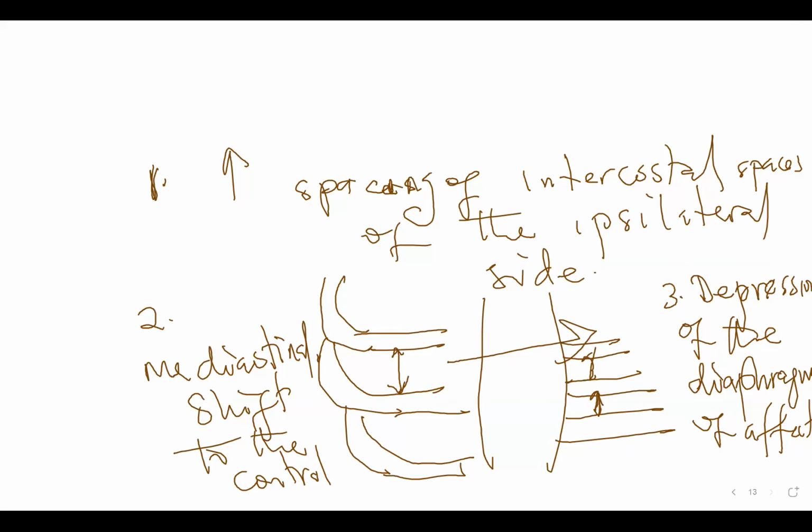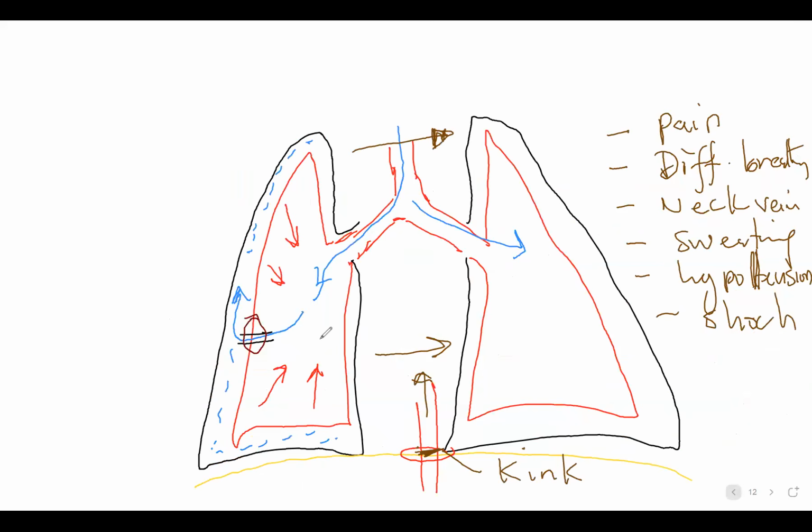If you go back to this image, because air will be accumulating here, you now have an image that will look like this, okay? You see the diaphragm will depress on this side, and the diaphragm is at a higher level on this side. Then you have mediastinum.